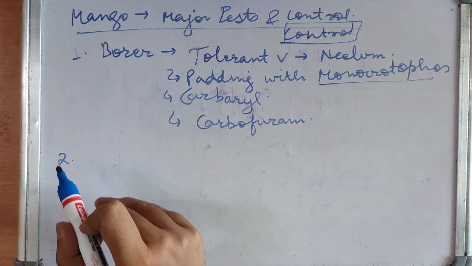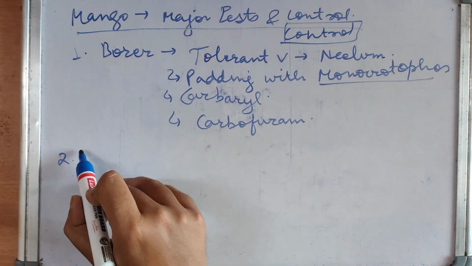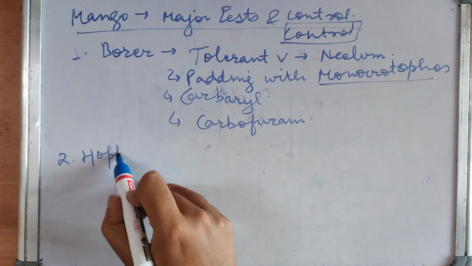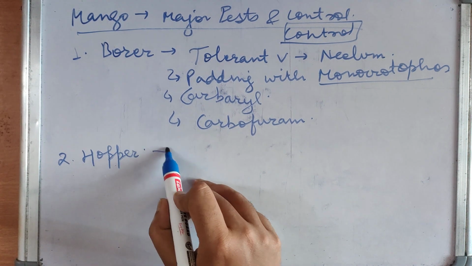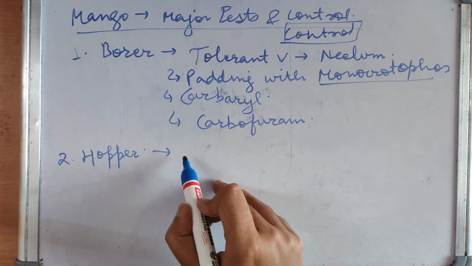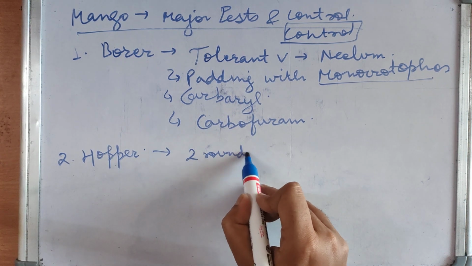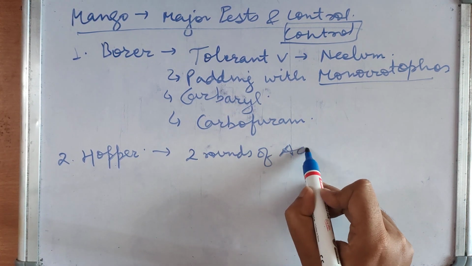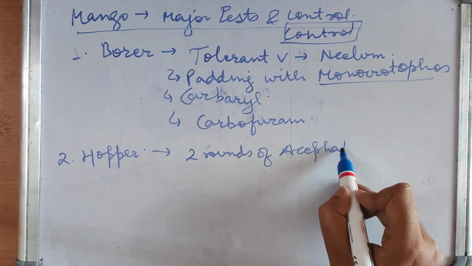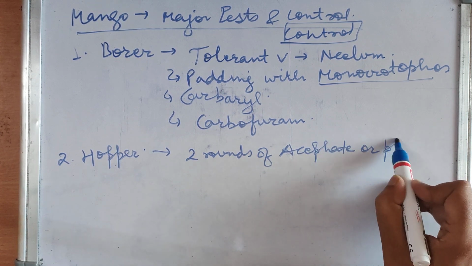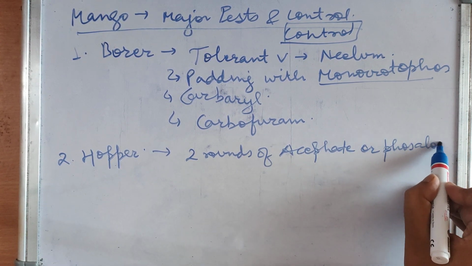Now the second important pest of mango is mango hopper. And now its control is to use 2 rounds of phosphamidon or phosalone.